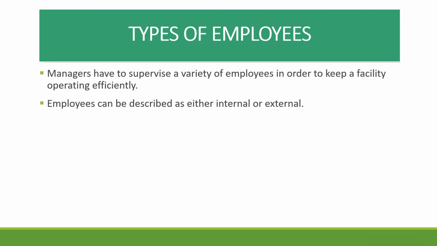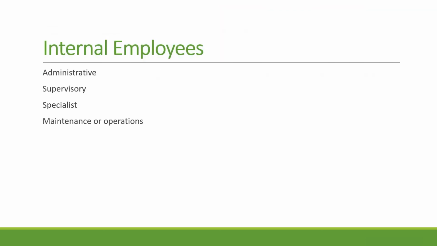There are internal employees, obviously people who work directly inside the organization. They're administrative, supervisory, specialists, and also maintenance or operations employees. I'm going to go through each of these.